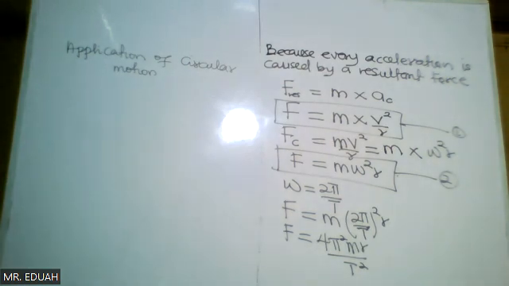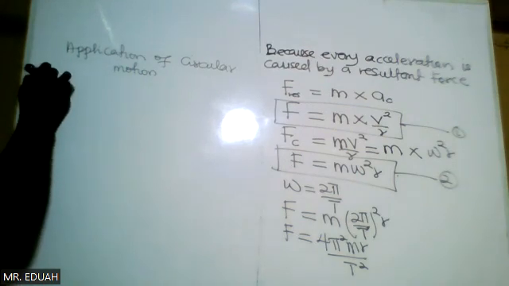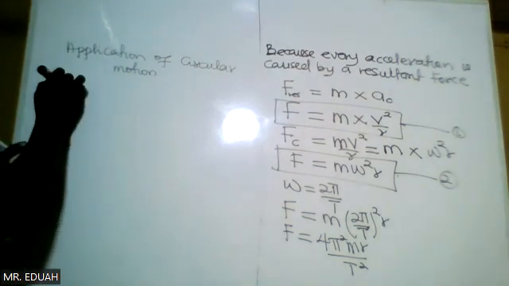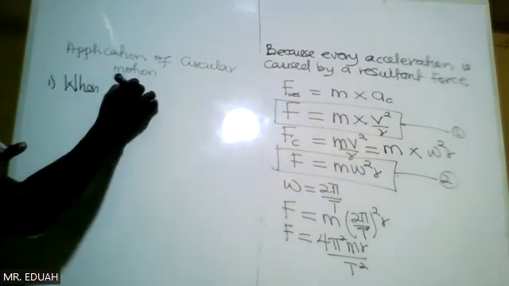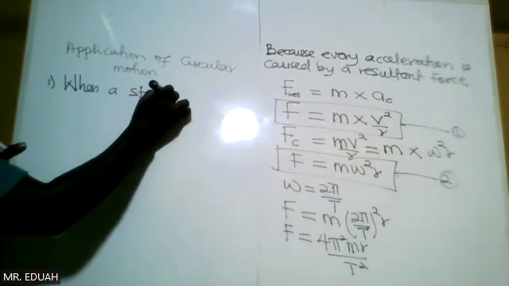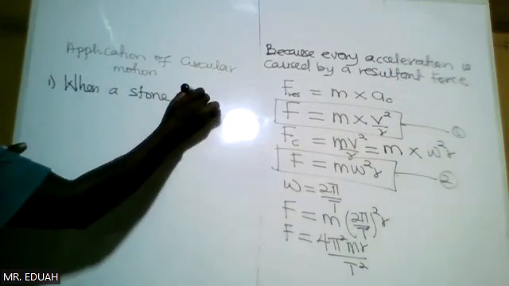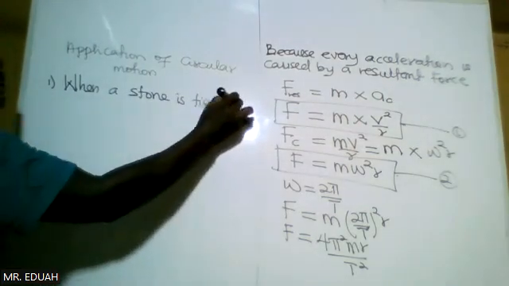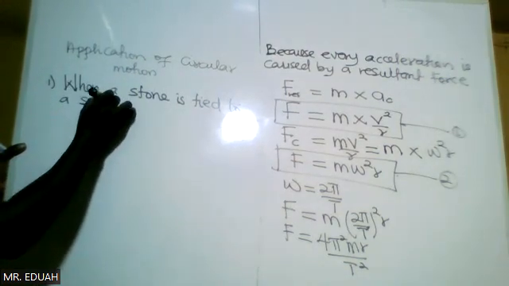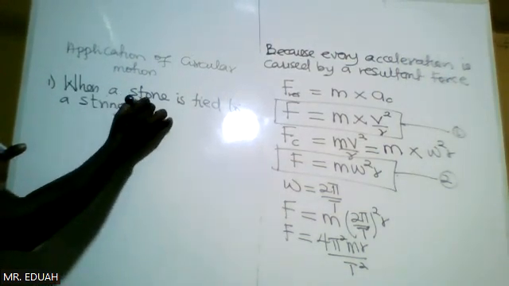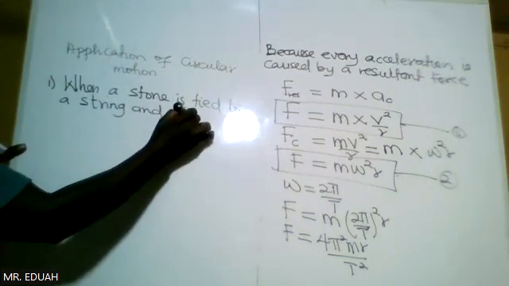Now, circular motion can be exhibited by one: when a stone is tied to a string or thread and whirled.